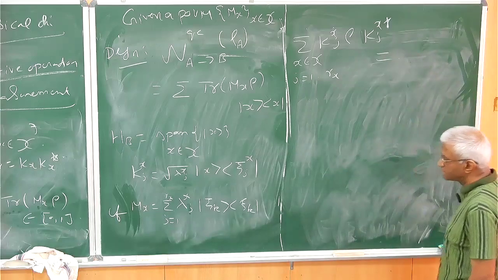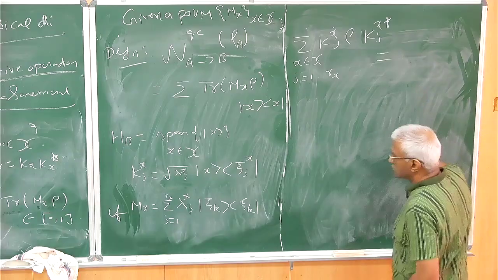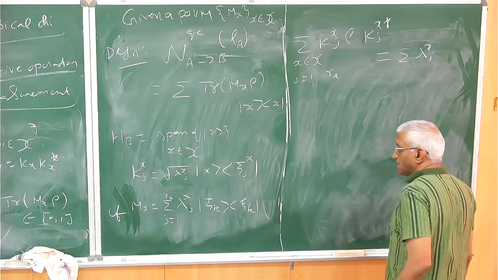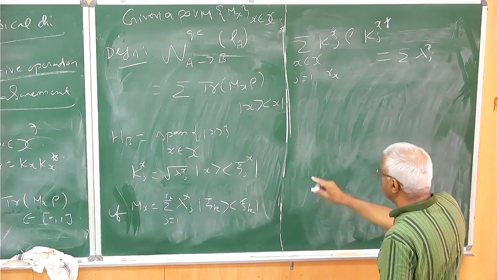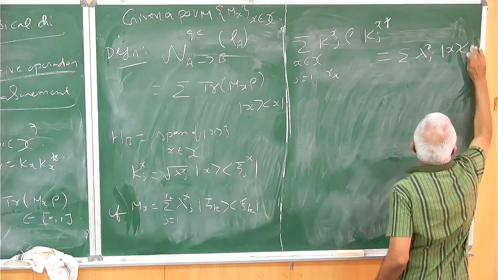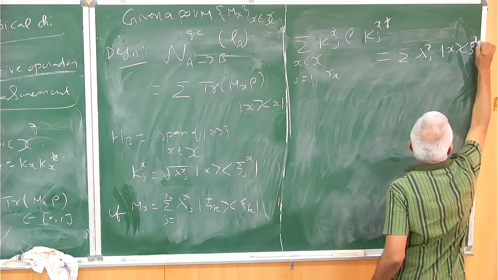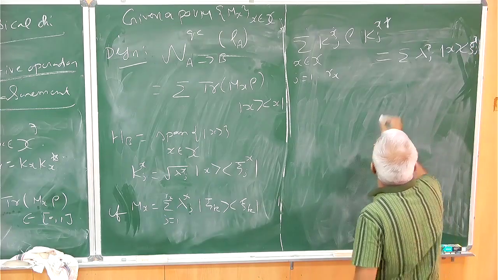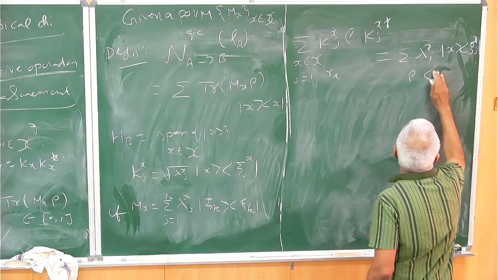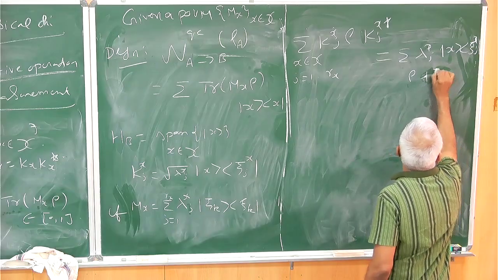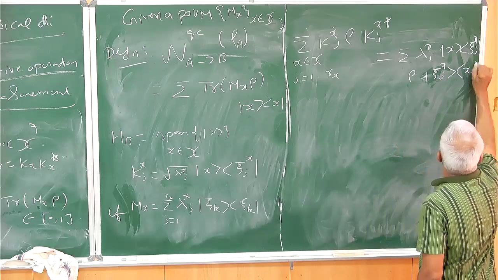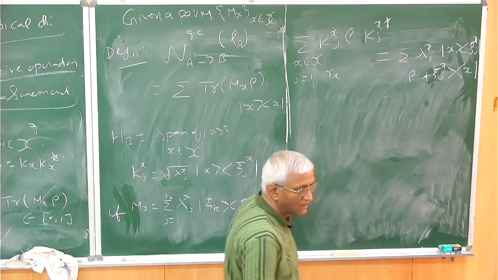This is equal to the square root of lambda_xj squared, which gives lambda_xj, then |x><x_j|, and we have rho in the middle, and that will be flipped, so |x_j><x| here. Correct? Right?